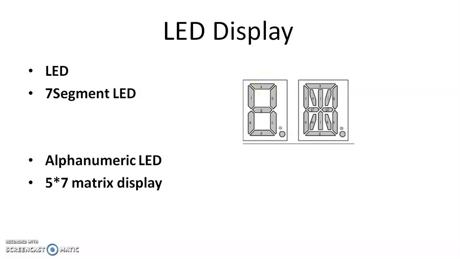Even hexadecimal you will be able to display through this. Or you can have a 5x7 matrix display, or even a simple LED. A single LED you can make as a display or an output device which could be connected to your 8255.